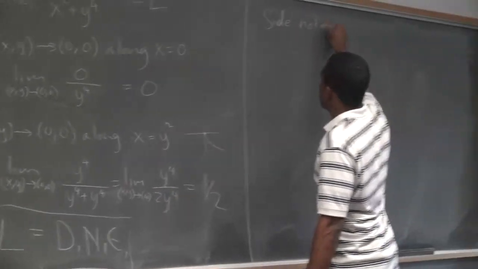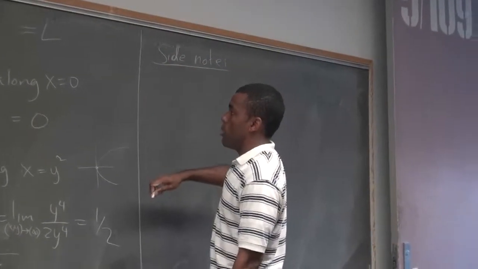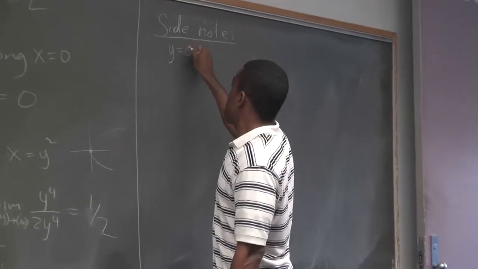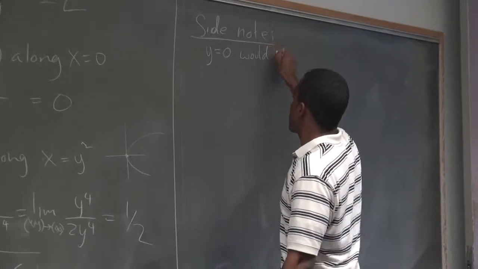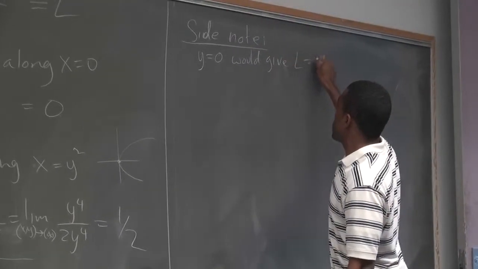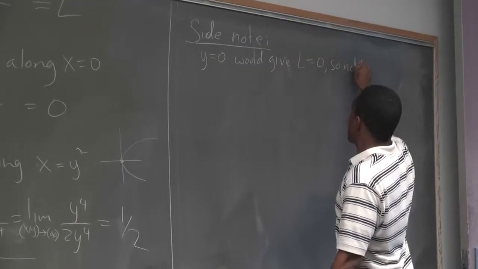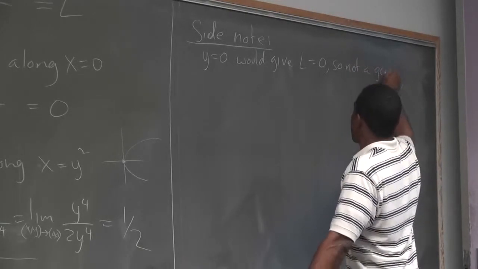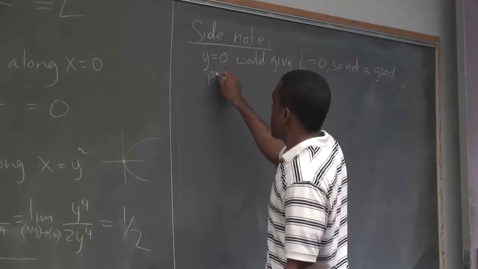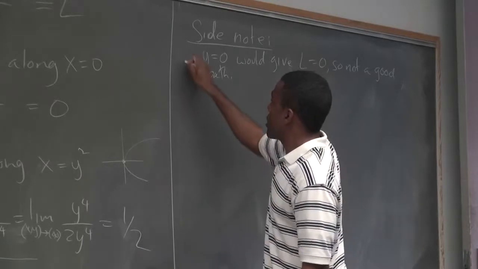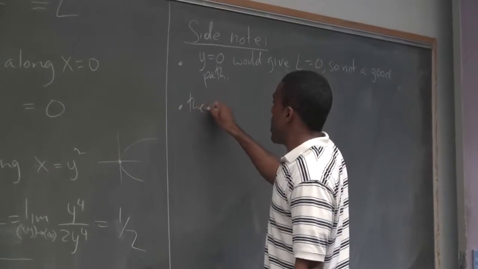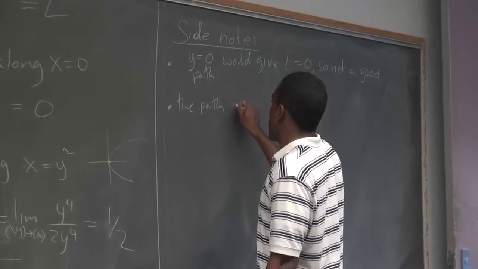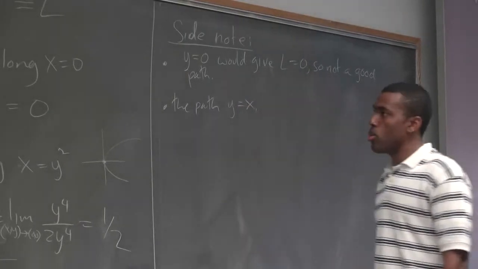Again, another side note. y equals 0 would give L equals 0, so not a good path. The path y equals x, right, which worked out so well last time.